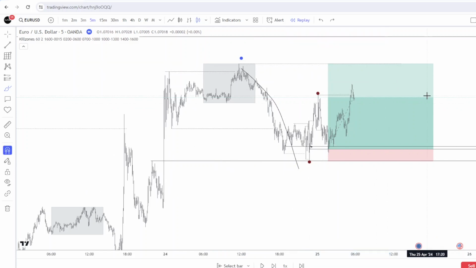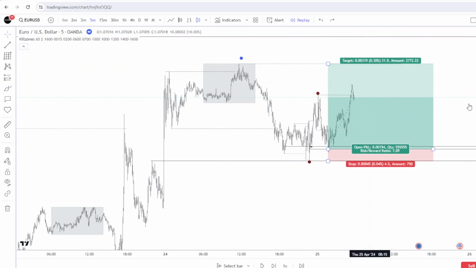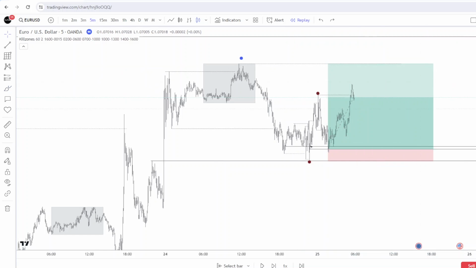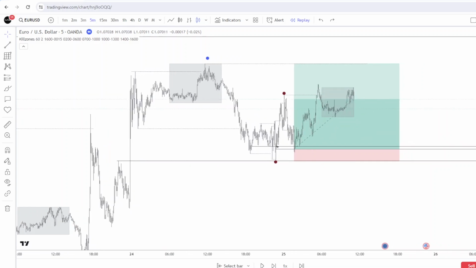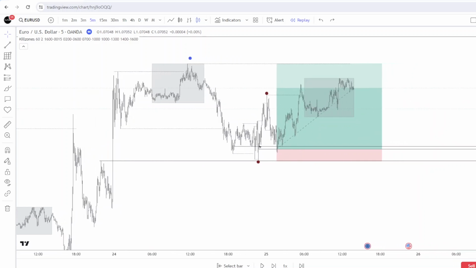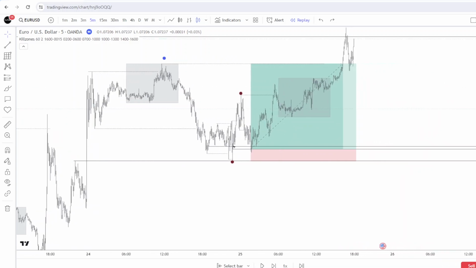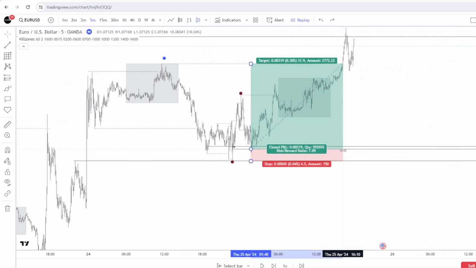That's our range cycle. So this was a 7R trade for me, and you can see that price took the high. So that was the 7R.